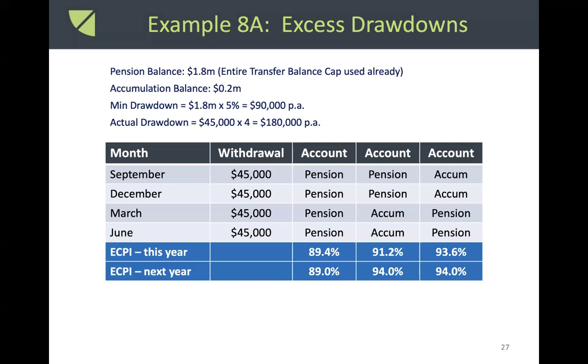Because that way we're keeping the pension balance as high as possible during the year. For future years, we're still going to get 94%, but we're getting an extra 2.4% in the current year by getting the accumulation balance down early and keeping the pension balance as high as possible. So I hope you can follow what's happening there.